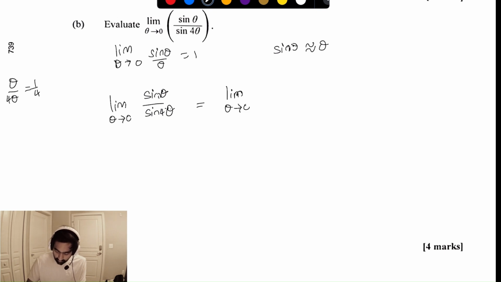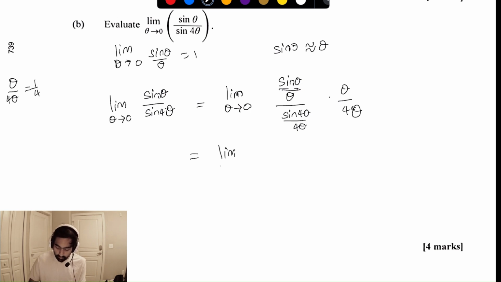So I can do that like this. Sine theta, we're multiplying and dividing by theta, and also the same thing with 4 theta. So like this: sine theta over theta, times theta over 4 theta, over sine 4 theta over 4 theta. Now, one thing you can do with limits is you can distribute them.